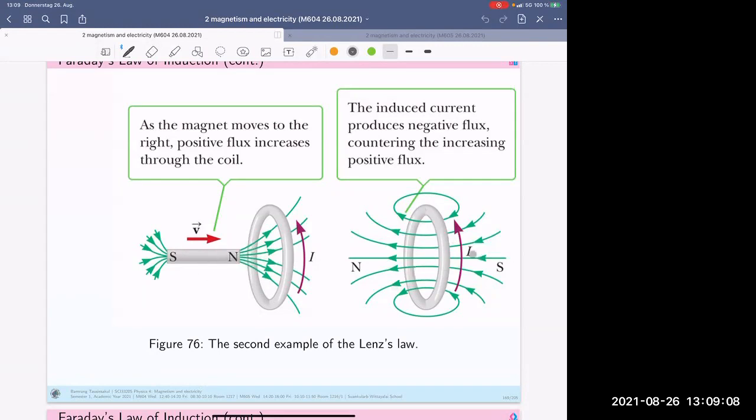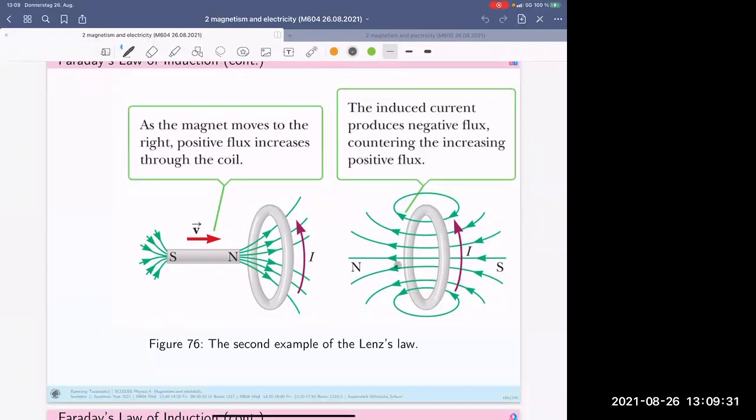In order to have the magnetic field like this, from right to left, we lay down our thumb according to the direction of the magnetic field. The four fingers represent the direction of the induced current, the I vector here.